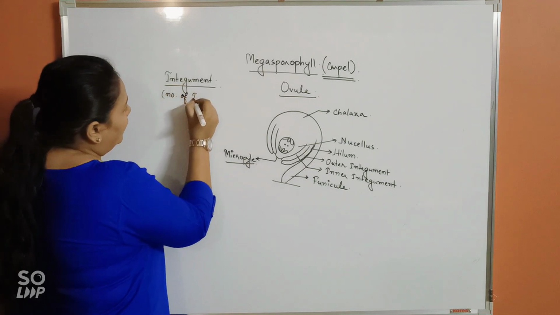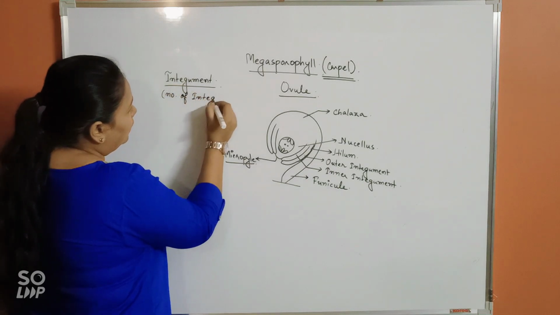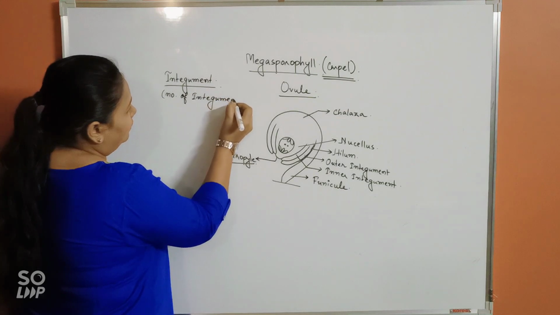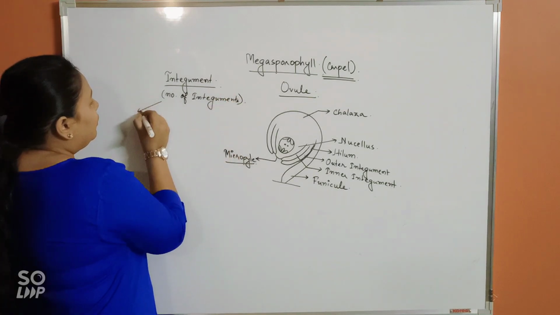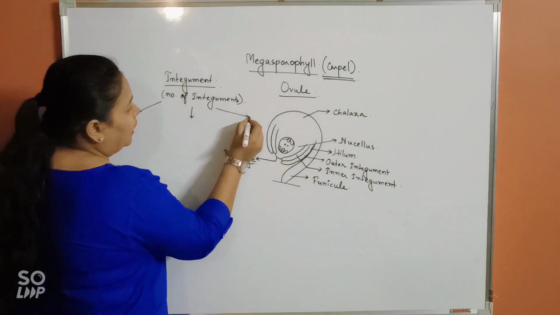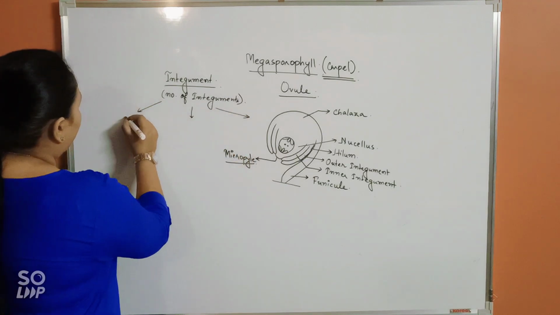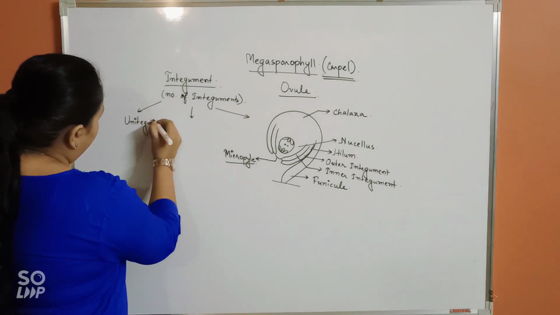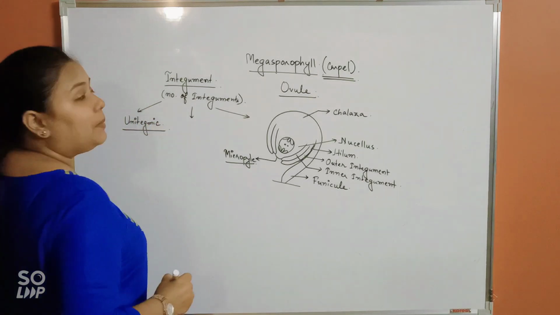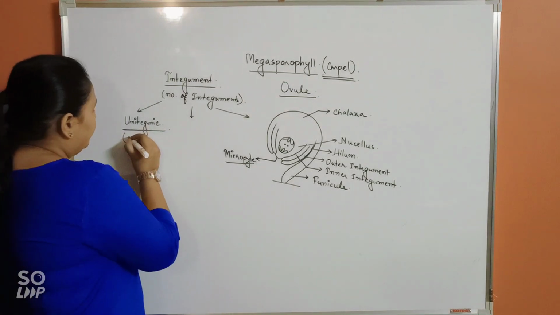Number of integuments is the criteria here. Alright, so accordingly we have three conditions that can occur. First is unitegmic, means one integument.